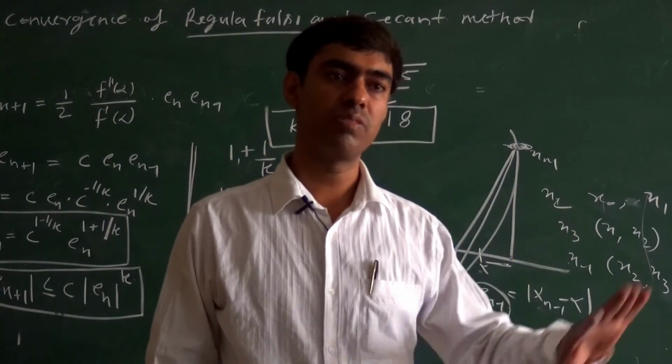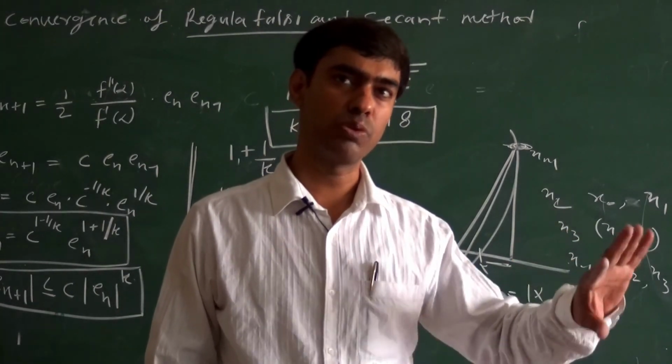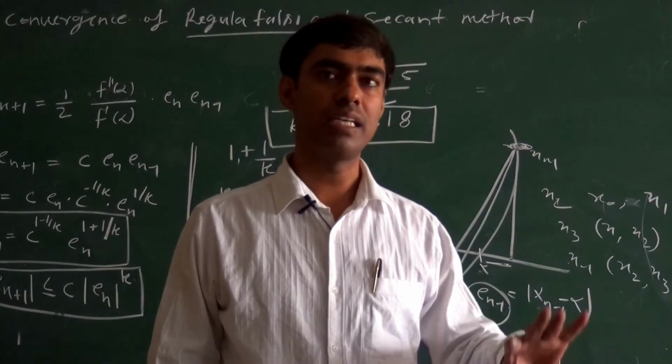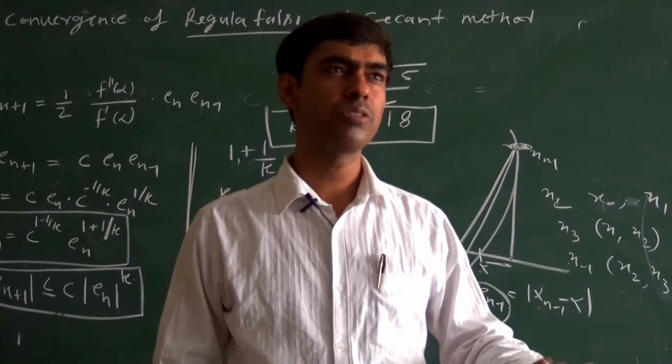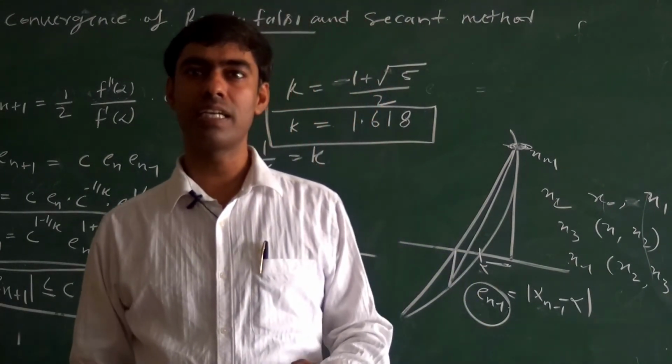In one method, one end is fixed. In the other method, both ends vary. So accordingly the rate of convergence differs, and it is also clear from the geometrical interpretation.